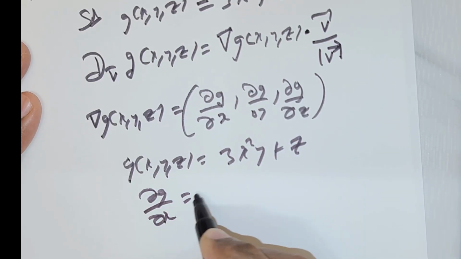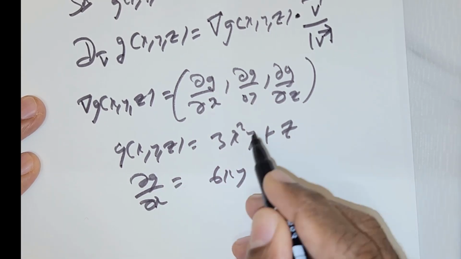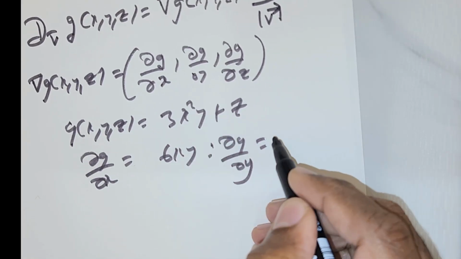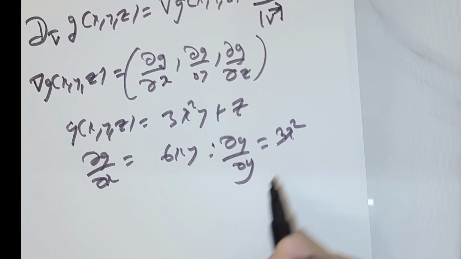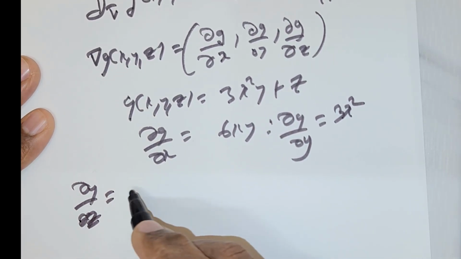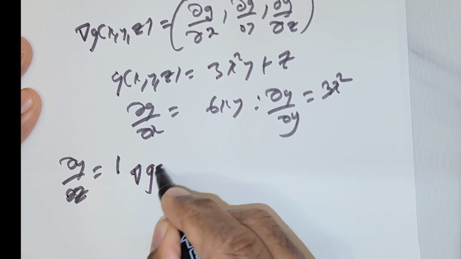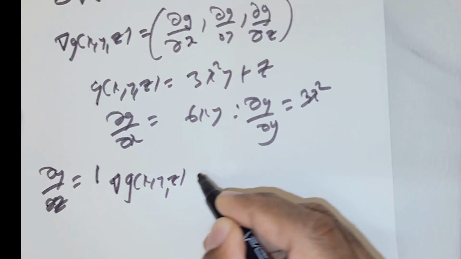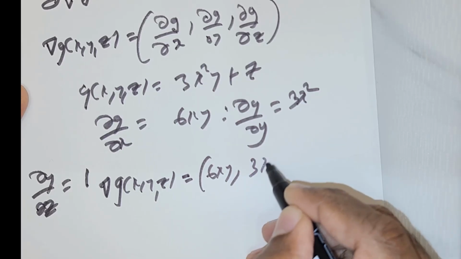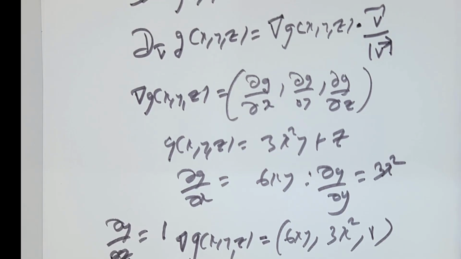So dou g by dou x, we differentiate with reference to x partially, so this is going to be 6xy, and dou g by dou y is going to be 3x squared, and dou g by dou z is going to be 1. So the gradient of g of x, y, z is equal to (6xy, 3x squared, 1). Okay, so this is what we have got. I hope you are following it.